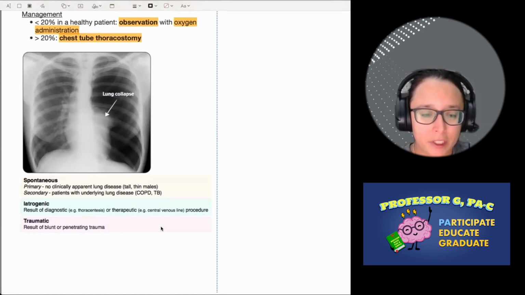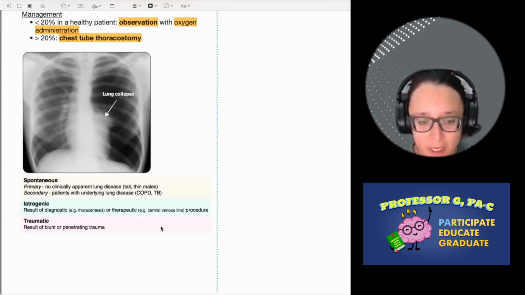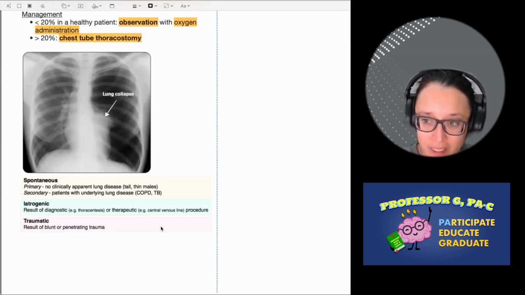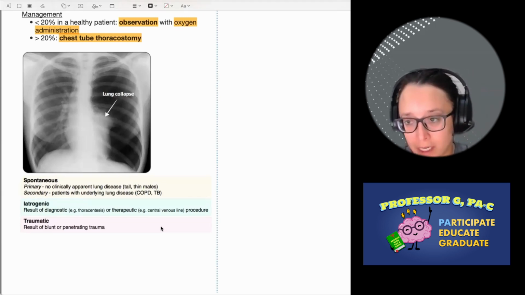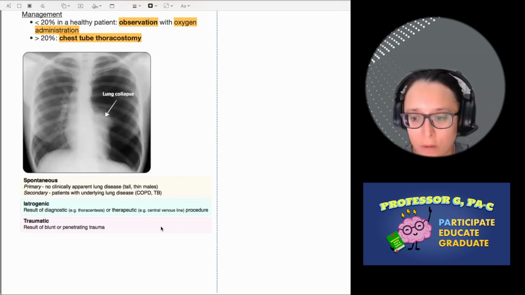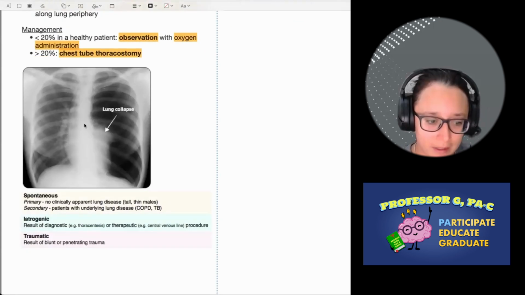One thing I wanted to mention here, because if you've been doing Rosh questions, you probably have gotten a Rosh question on a traumatic pneumothorax. A traumatic pneumothorax can be either simple or it can be tension. Tension pneumothorax are most often caused by trauma, but just a plain old pneumothorax can also be caused by trauma.